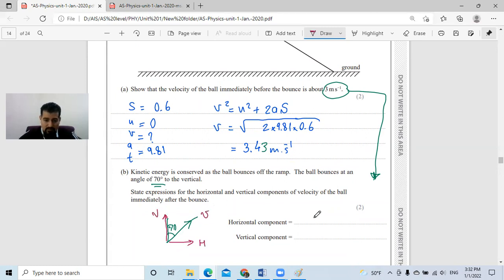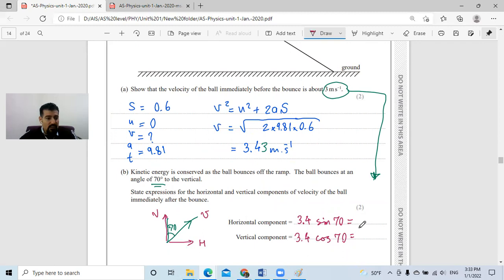This velocity will be 3.4, what we answered here, or 3.43, times sine 70, and here 3.4 times cosine 70. That's the expression they ask about, or you can give us the answer. How much is the answer for each one?